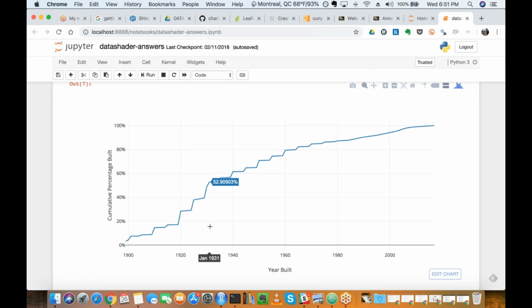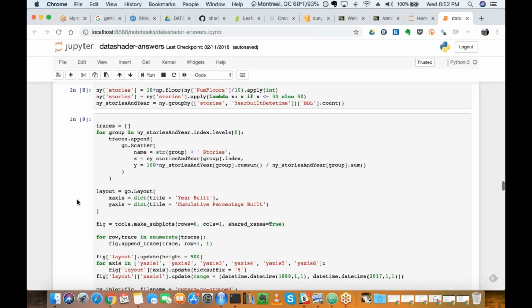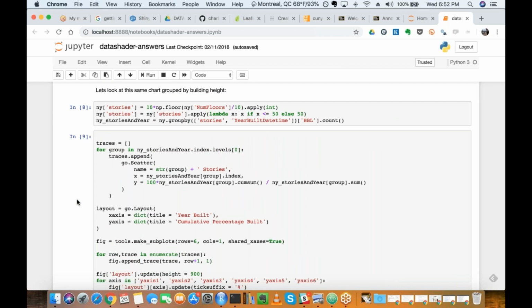This is also useful for the question that we're asking here, where we're looking at buildings of various shapes and various stories, and we're trying to find out when the first types of these buildings were built. What I ended up doing for this was creating a holder variable for my different divisions.